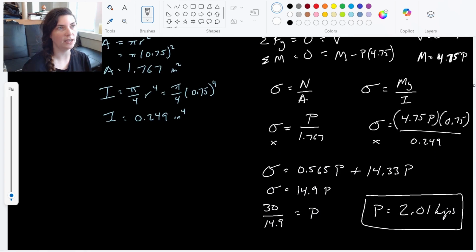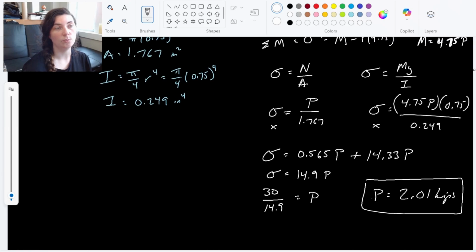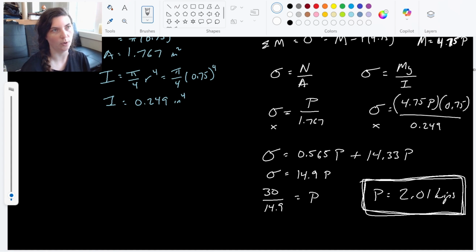But what we can say is, if we're the manufacturer of these brackets, we can put a warning label and say, do not load more than 2 kips, right? That's our purpose here, to essentially design so that we can keep everyone safe. Do not load more than 2.01 kips on this so that it does not fail.